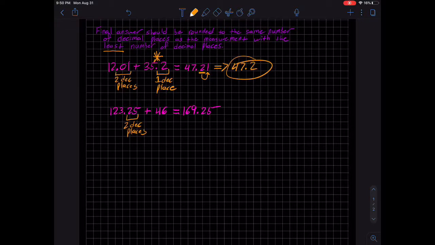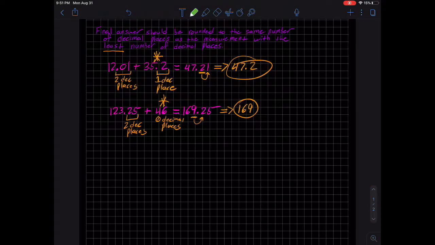In the second number here, we actually have 0 decimal places. So the least number of decimal places is 0, which means our final answer can have no decimal places. So we're going to be rounding right before the decimal place at the 9. We look after the 9 and we see a 2. This 2 means it rounds down, and our final answer is 169.